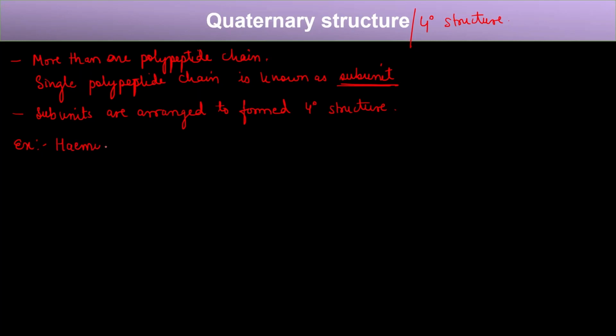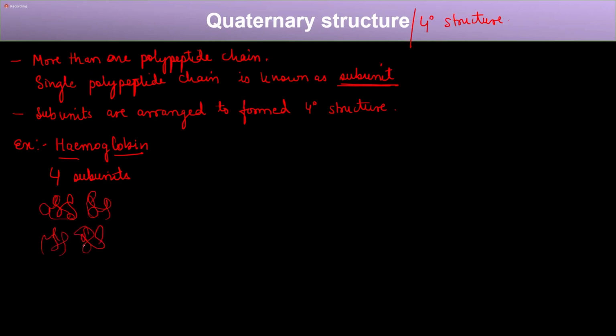So hemoglobin is an oxygen carrier, right? It is present in our blood, in RBC, right? So hemoglobin has 4 subunits. What do I mean by 4 subunits? It will have one tertiary structure, something like this. Second is something like this. Third, and fourth. So these 4 together form the structure of the protein hemoglobin.